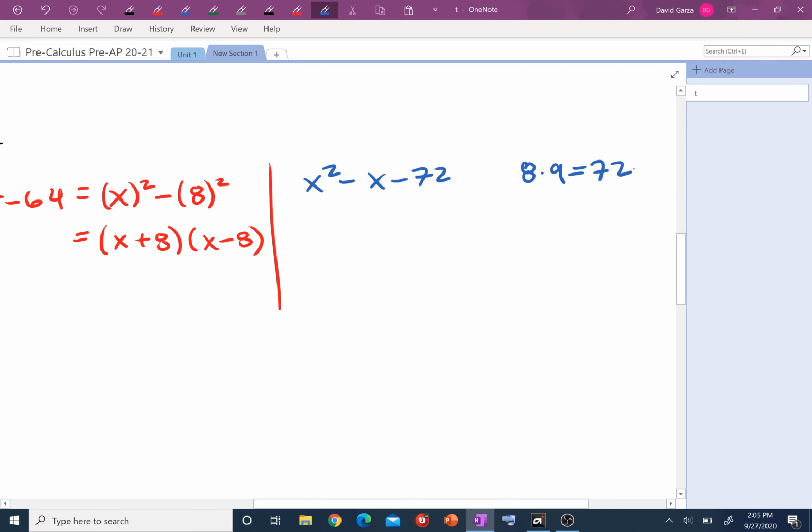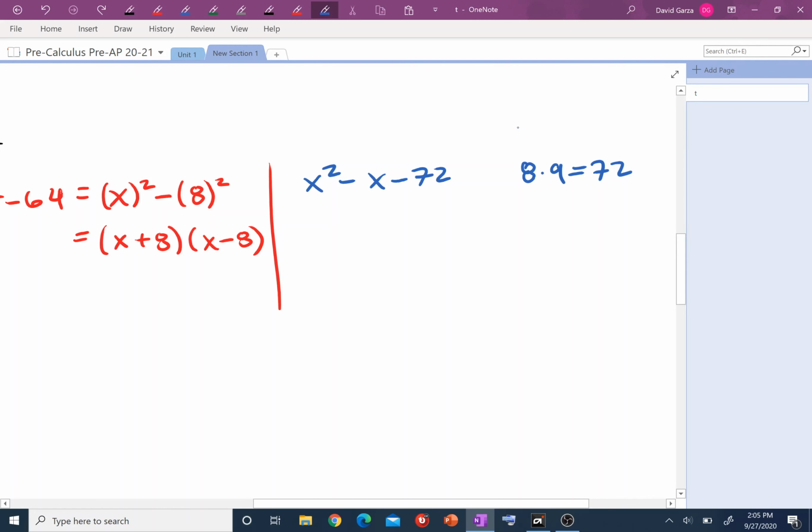And let's use the shortcut method here that we used previously. So I know the last term here is minus. So I know that one of these terms has to be minus, and that's what we need to figure out. So we have a 1 here. So go ahead and think about, okay, 8 and 9. Can I somehow get a negative 1 actually? Because it's a minus 1, right? By adding or subtracting 8 and 9, the answer is yes, right?